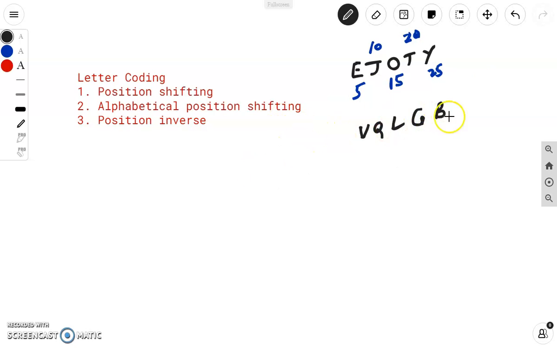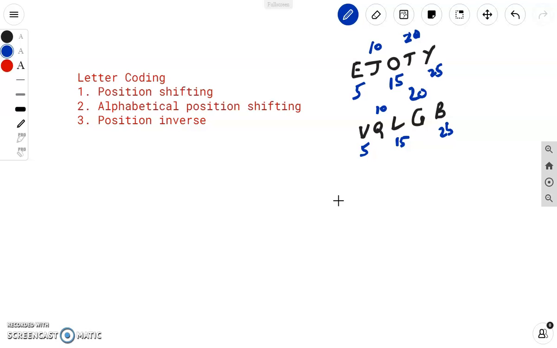This is the mirror reflection of the alphabetical order. If you count from the opposite way, V is the 5th letter, Q is at the 10th position, L is in the 15th position, G is in the 20th position, and B is in the 25th position. This is just the mirror of the alphabetical order.